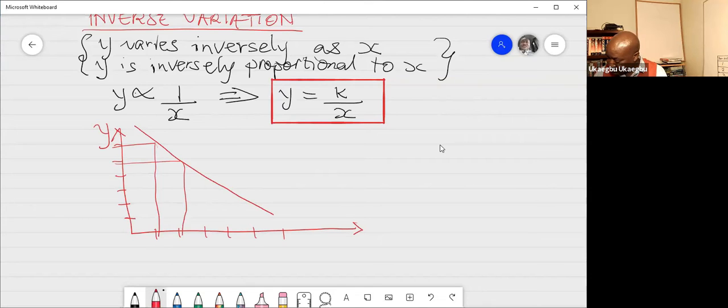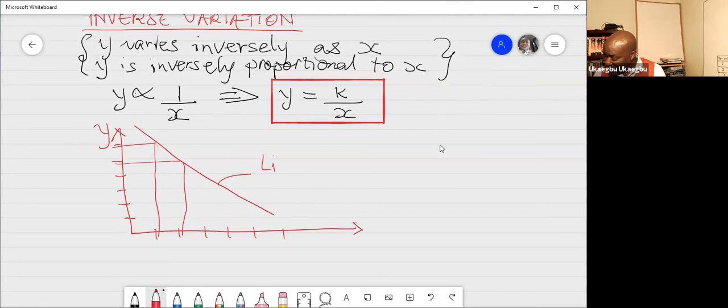This is our line L1, and in this type of graph you are going to have a negative slope.